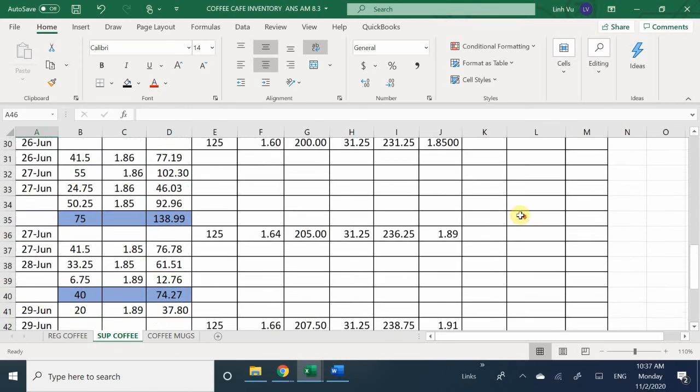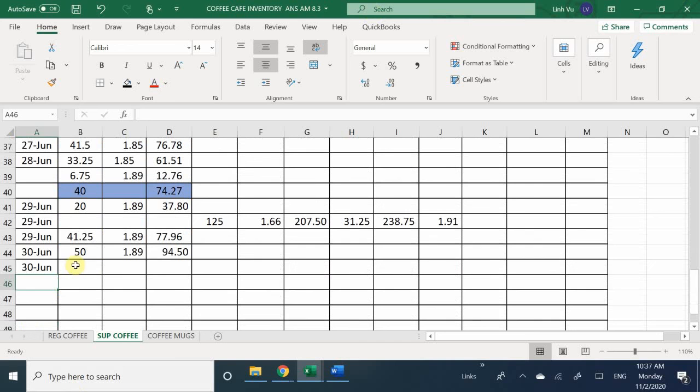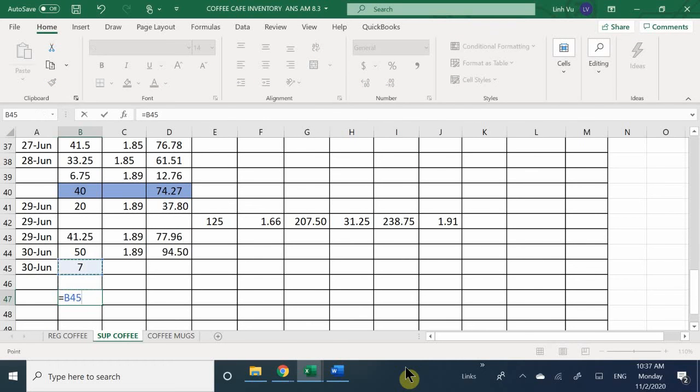Okay, so for the 7 pounds, what's our grand total we need to get to?